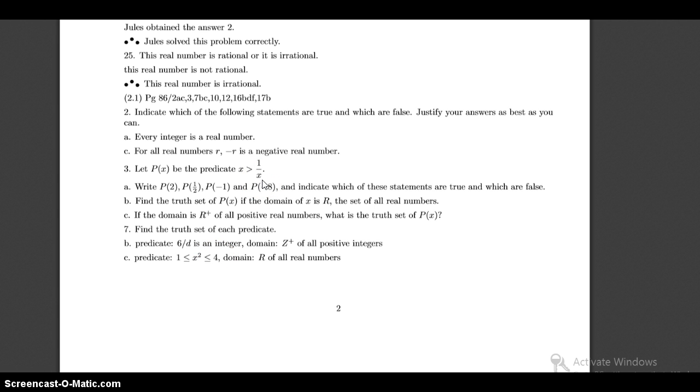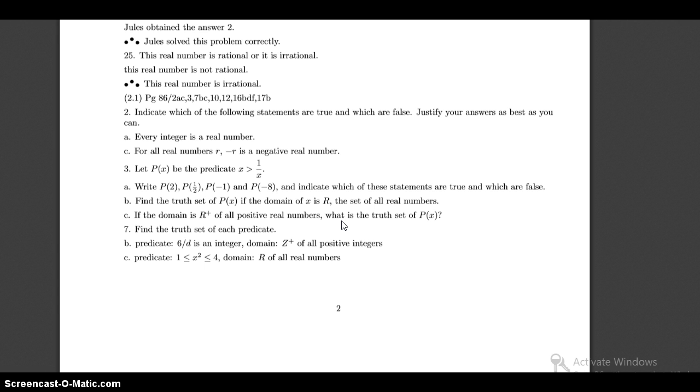Okay, part C, if the domain is R plus, meaning all positive real numbers, you won't need to consider negative ones. And what is the truth set? For part B, when you determine a truth set, you have to pick not only positive but also negative numbers. But when you do C, you don't need to worry about negative numbers, so you only look for the truth set in the positive real numbers.